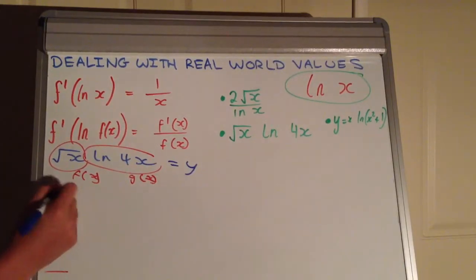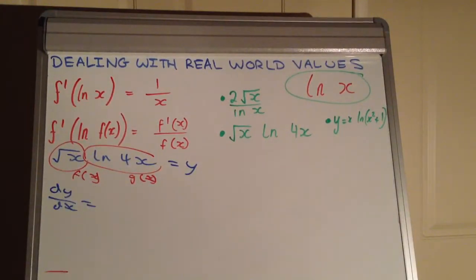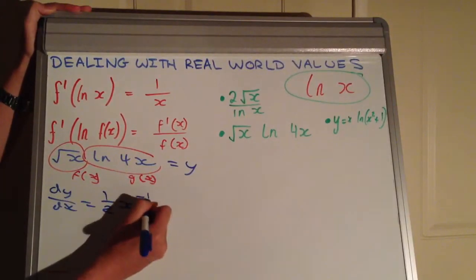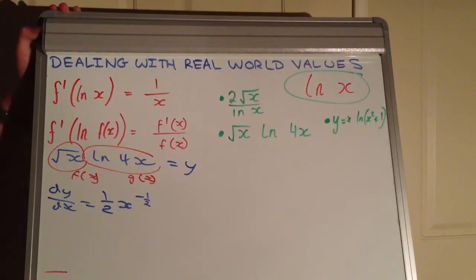So now we get the dy over dx, again, the change in y over the change in x, the derivative, and what we do is we differentiate the first term, and we get half x to the negative half. Again, that's simply x to the half. The square root of x is x to the half.